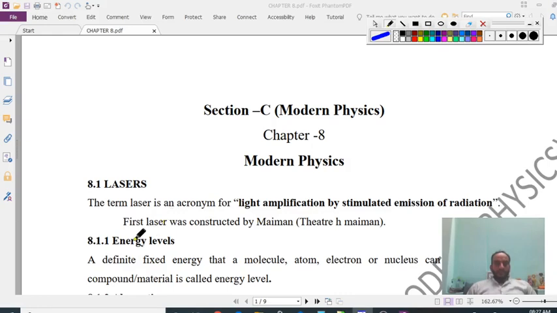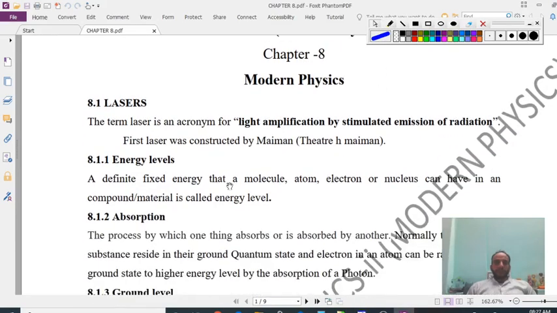These are: first is energy levels. Energy level is a definite fixed energy that a molecule, atom, electron or nucleus can have in a compound. We know that an atom consists of a nucleus and electrons, and the nucleus is the center of the atom, which has a positive charge.